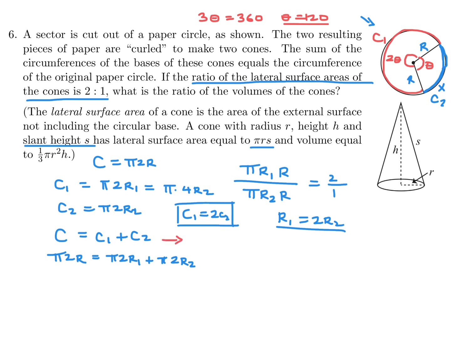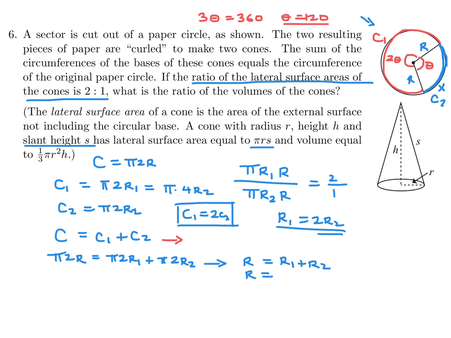I'll be able to get that C. Let's see here. Well, actually, it's this equation right here. The pi's cancel, and the 2's cancel, so I just have r is equal to r1 plus r2, but r1 is equal to 2r2.